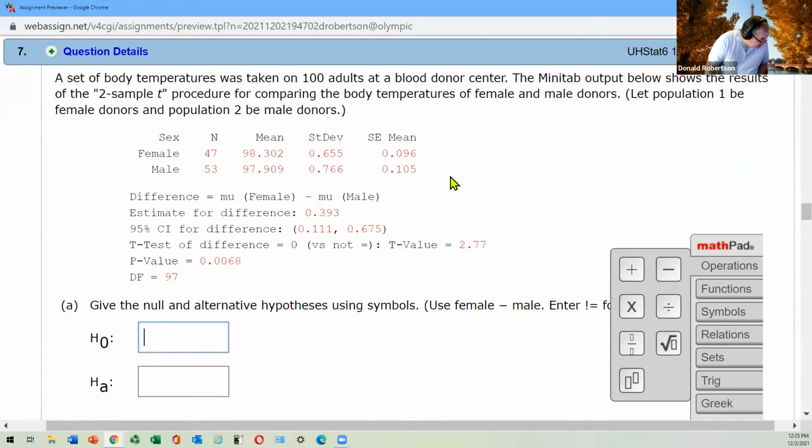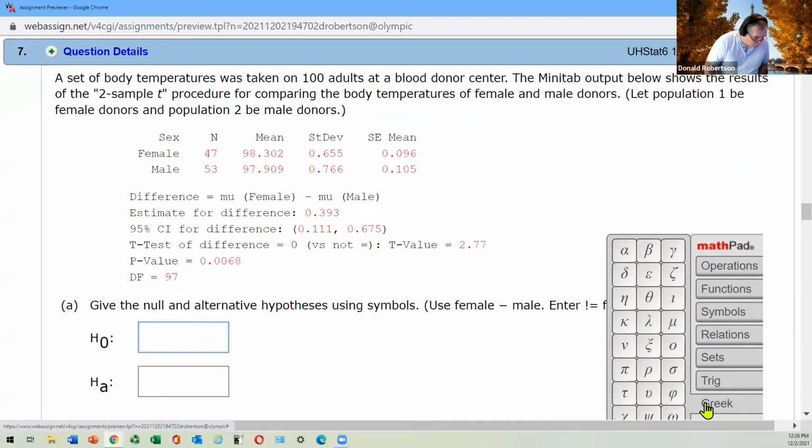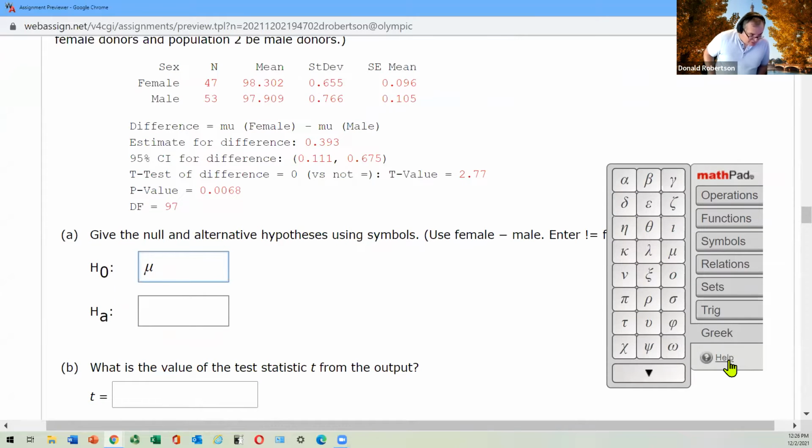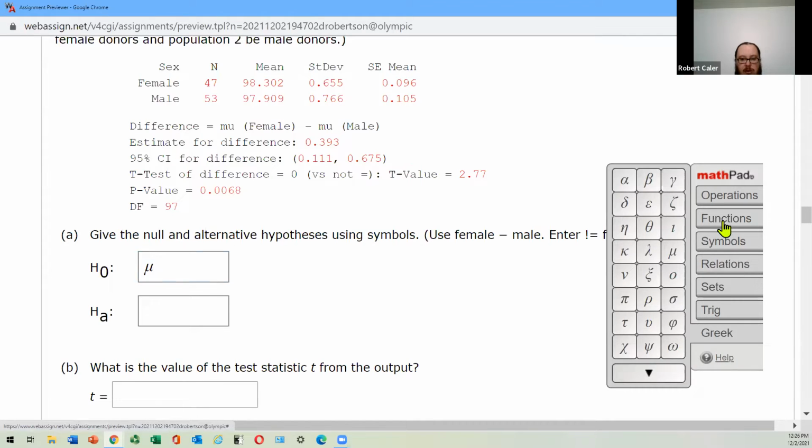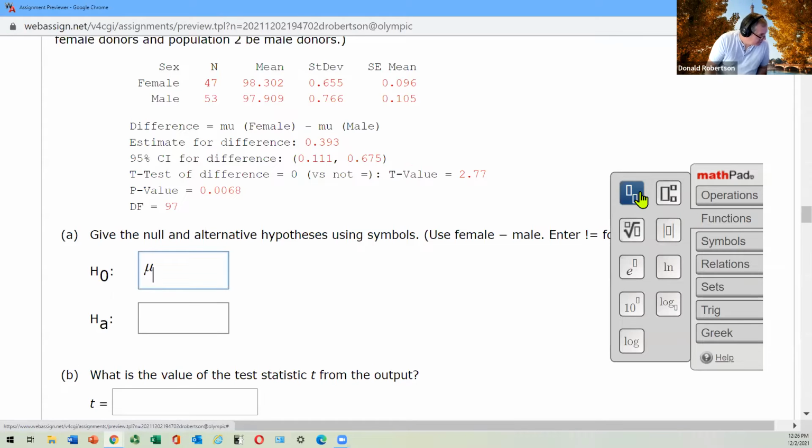Since they haven't given me any major clues, I'm going to assume that the null hypothesis is going to be, as it always is, so I'm not really assuming anything, is going to be mu. Oh, how do I get that funny little subscript 1 that I need? Functions. Okay, so you're in functions and hit that button. 1.